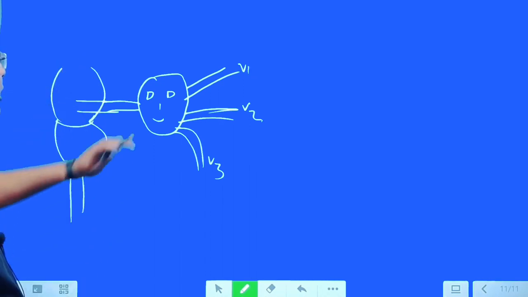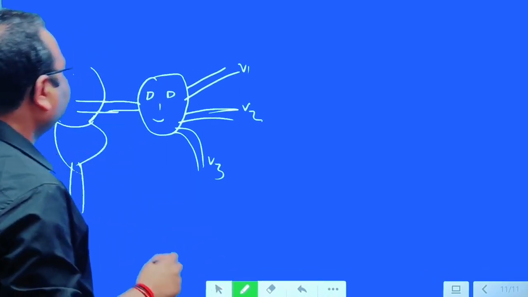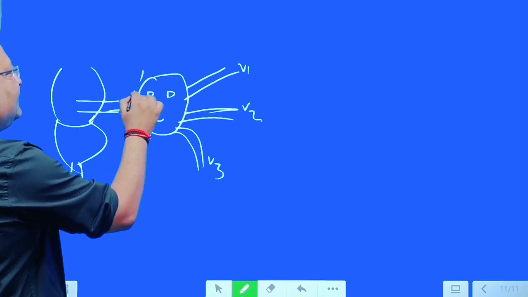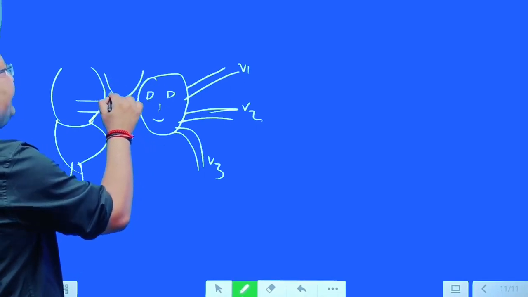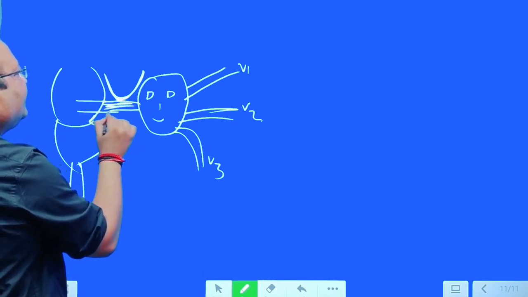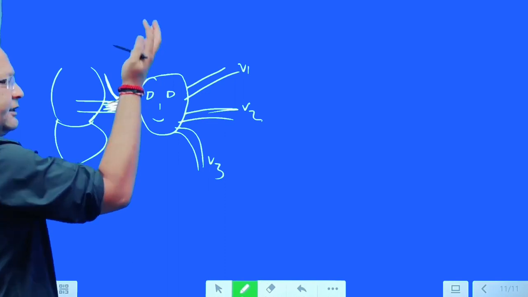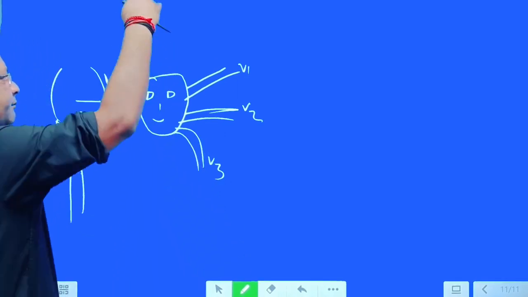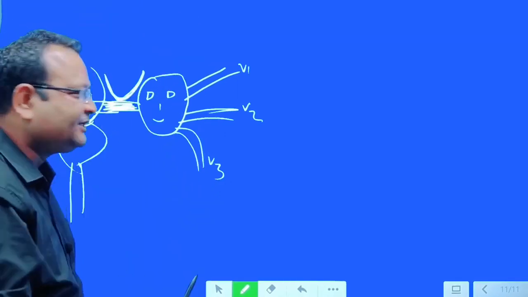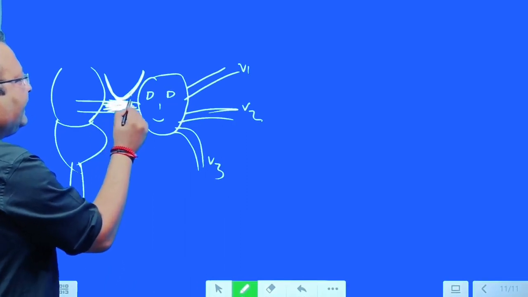So the cause of this disease is that there is a vessel which actually impinges on the sensory nerve root of the fifth cranial nerve, and this vessel mostly bulges down. Because of the tortuous course, it bulges down over the surface of the nerve, and it constantly irritates the nerve.